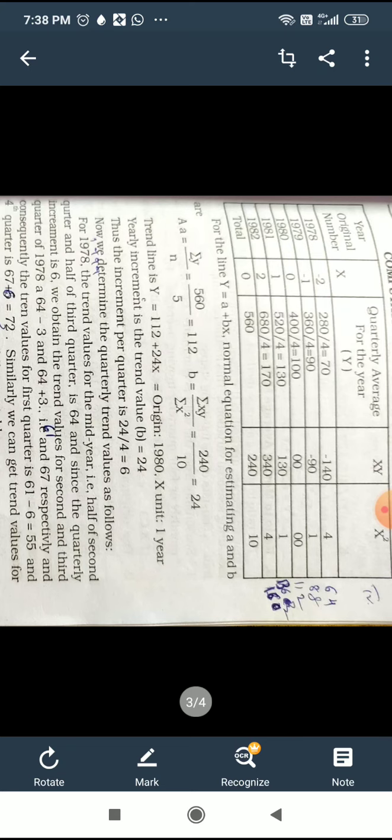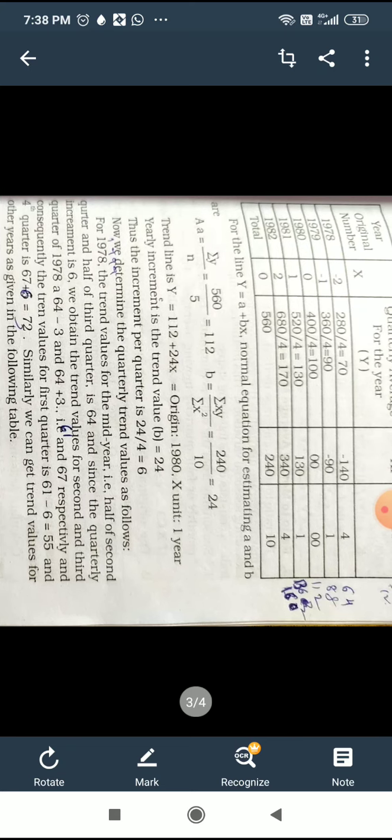Then we go for x square. Whatever x we got, we make that square.